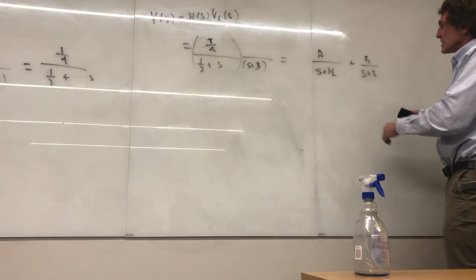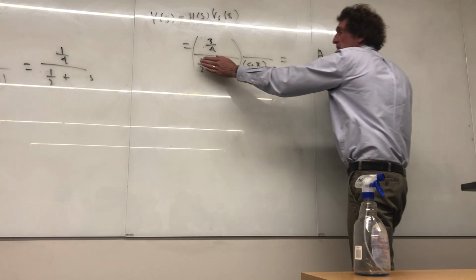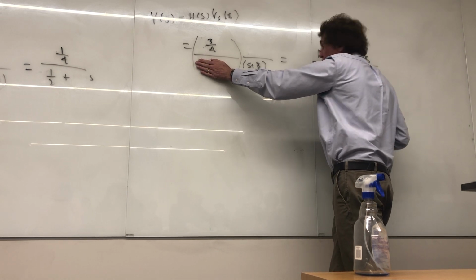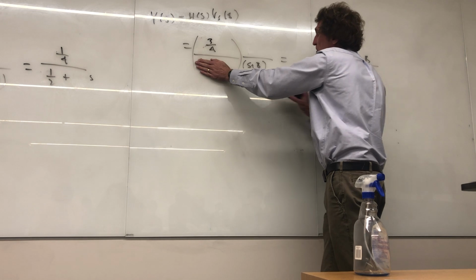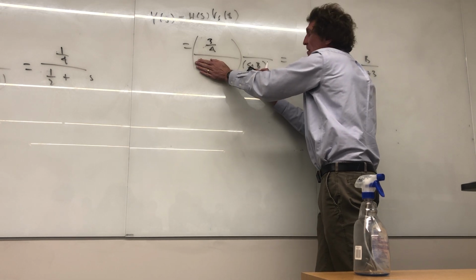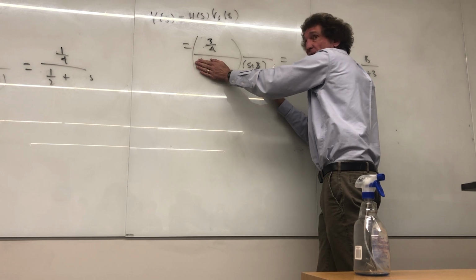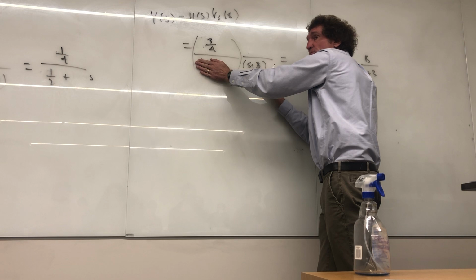So when I take a look at this, to get A, I simply cover this up and evaluate everything remaining when S is minus 1/2, correct? When it's minus 1/2, right here, what do I get? Well, 3 is really 6/2. 6/2 minus 1/2 is 5/2, correct?